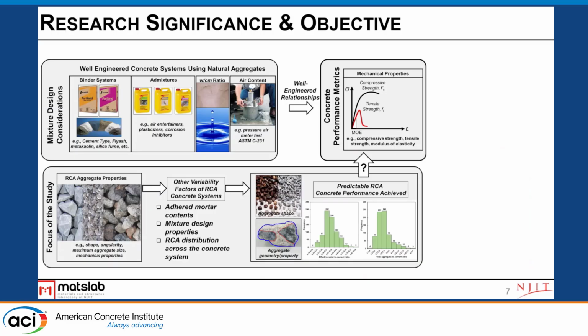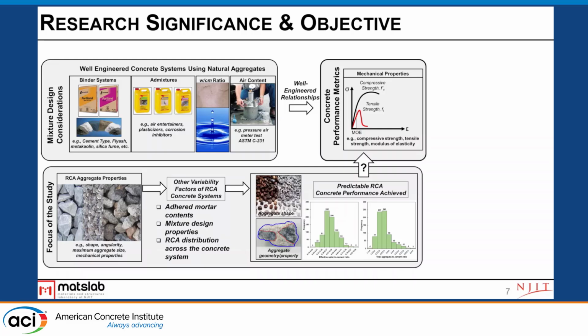So the reason why this is important is when we start looking at how we design concrete mixtures, our traditional process with normal aggregates, we've got a lot of well-engineered systems these days where we have quite a bit of empirical data that we can then use to move forward with creating mixtures that we then double check.